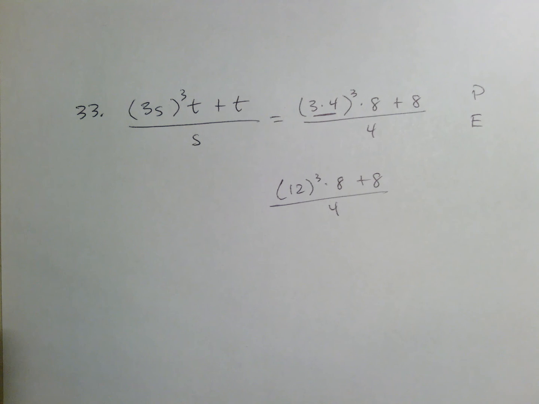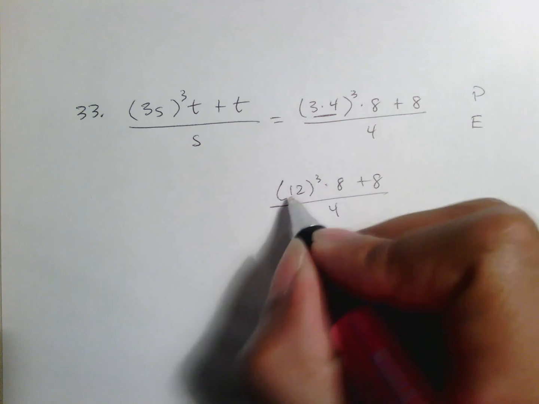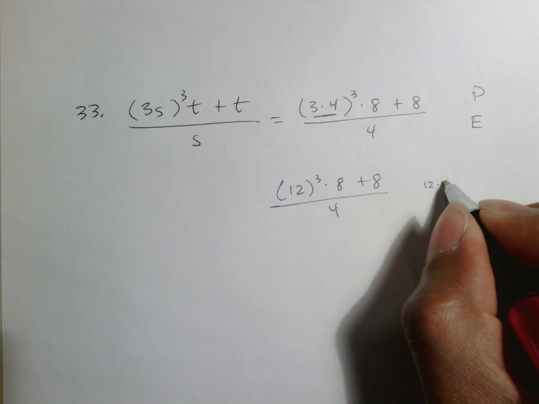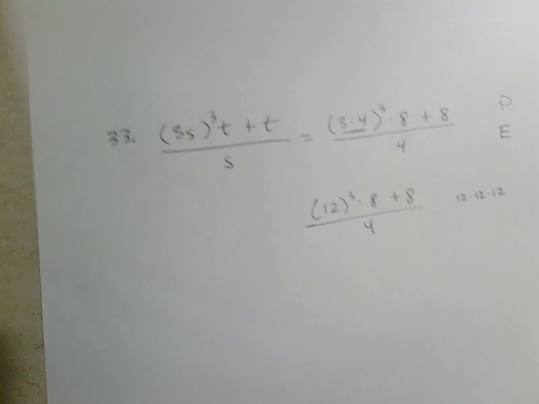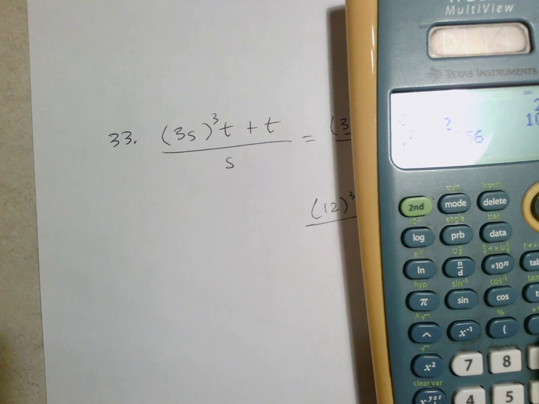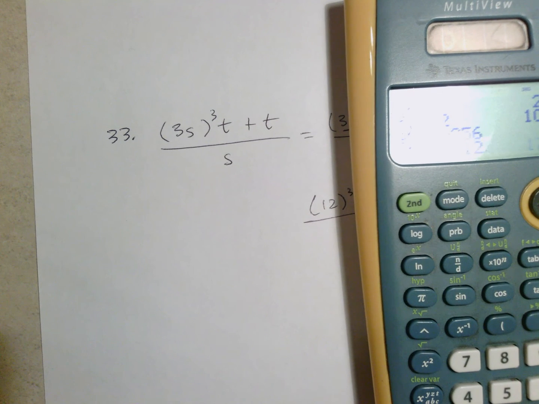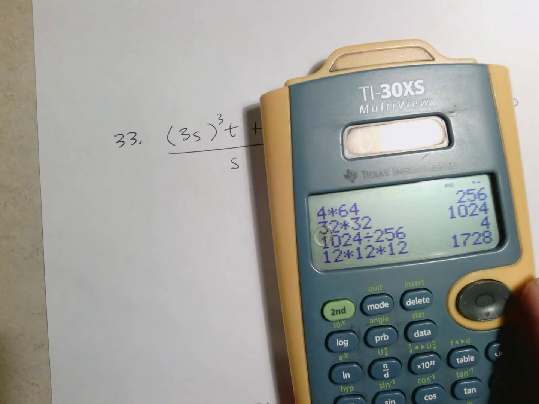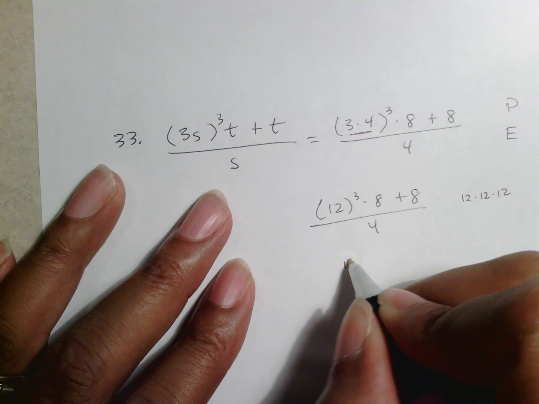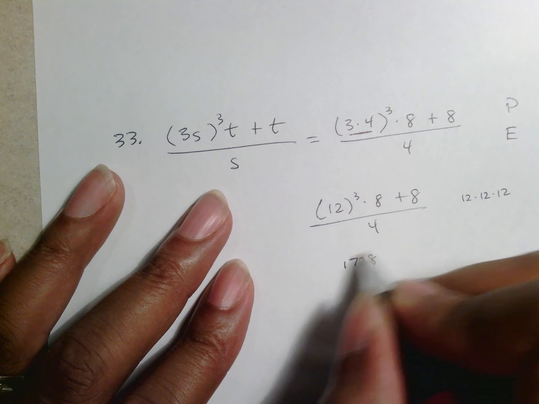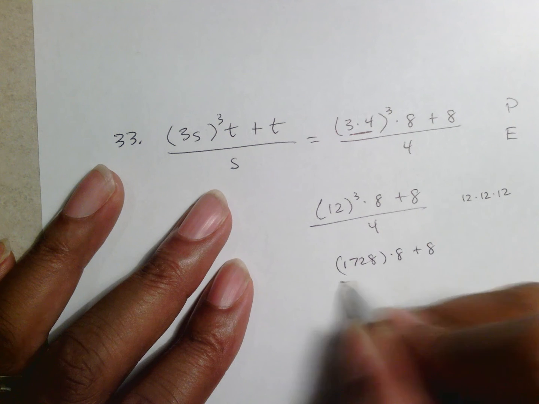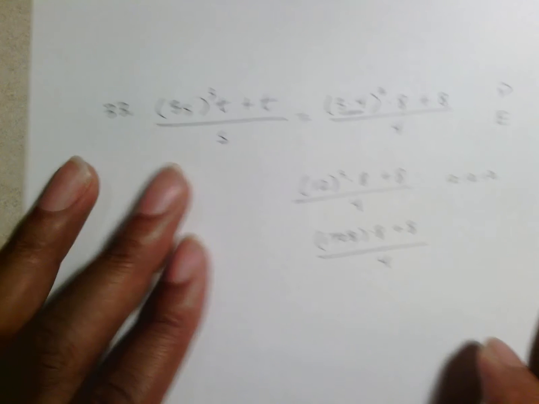Looking for any exponents in this problem, we have 12 to the third, which means take the base of 12, expand it out 3 times, and see what we get, which is 1728. That's this part, times 8 plus 8 all over 4.